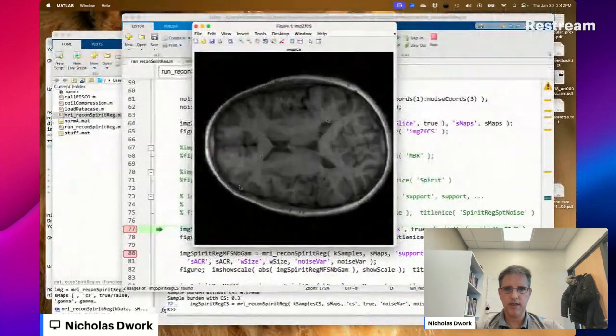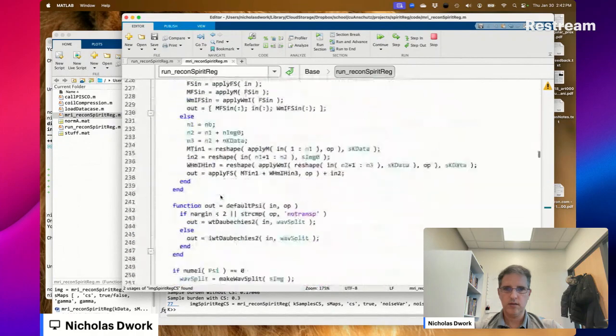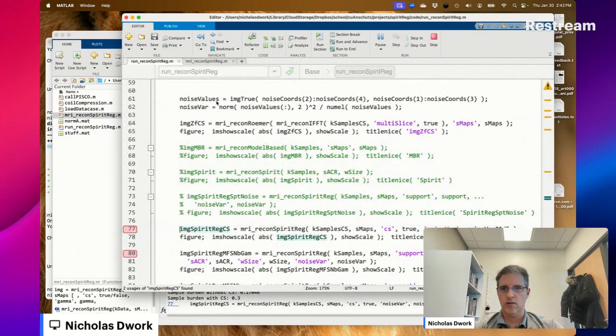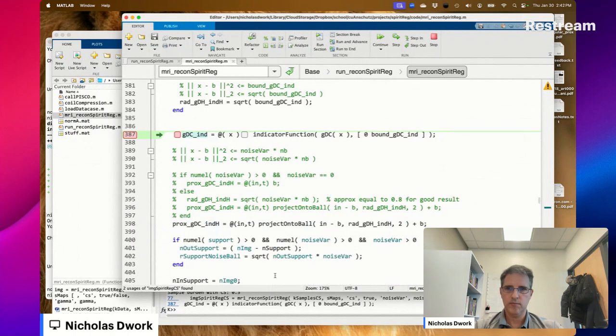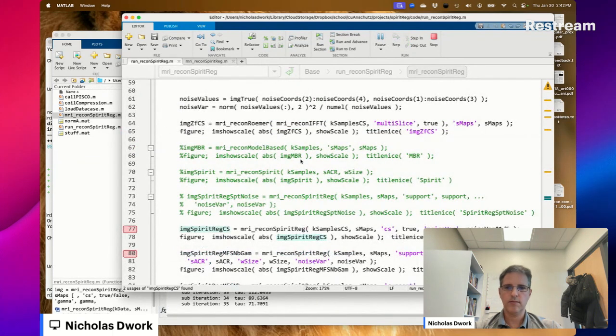Brain. Okay. Let's try brain. 0.1 is the radius now. Tau is behaving reasonably.